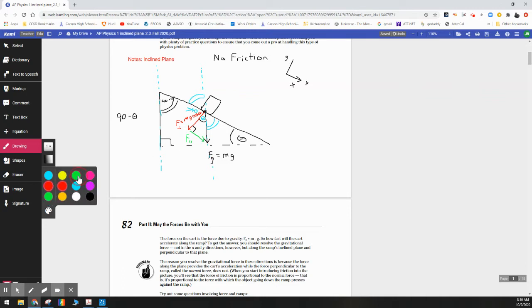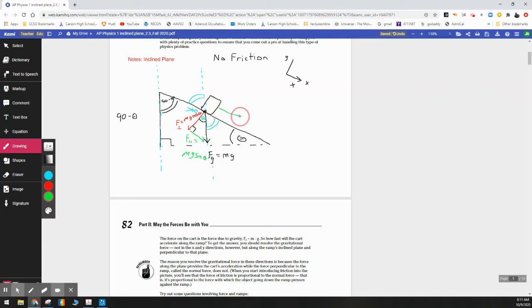So I'm going to use a green pen here. The parallel component is going to equal mg sine of theta. Because we learned from vectors that you can move them around in space as long as you keep the same orientation and magnitude, I can move this vector up here, like so.